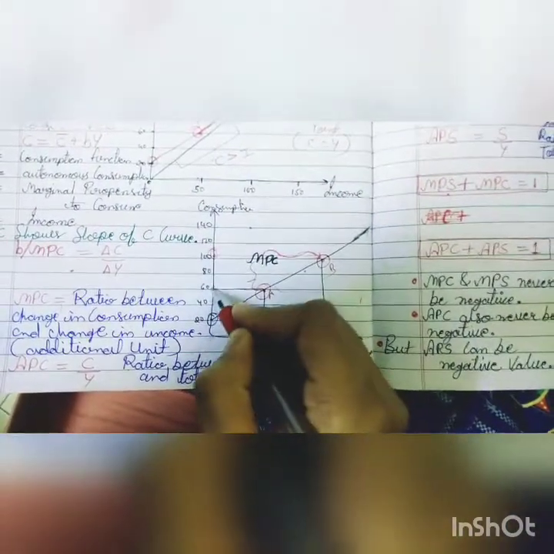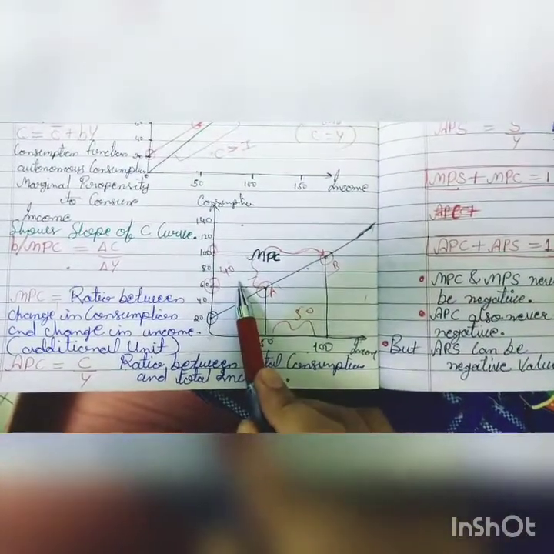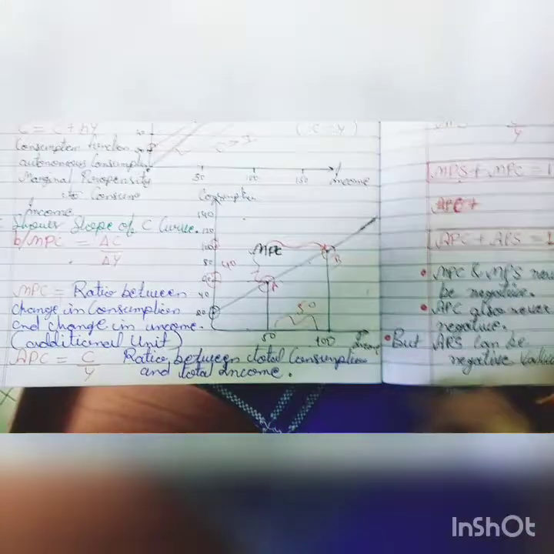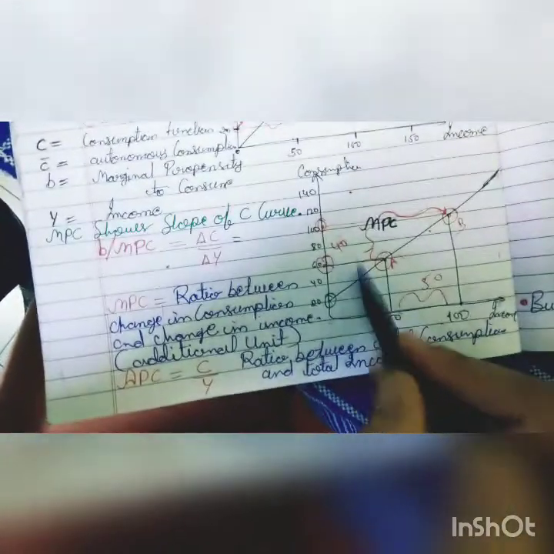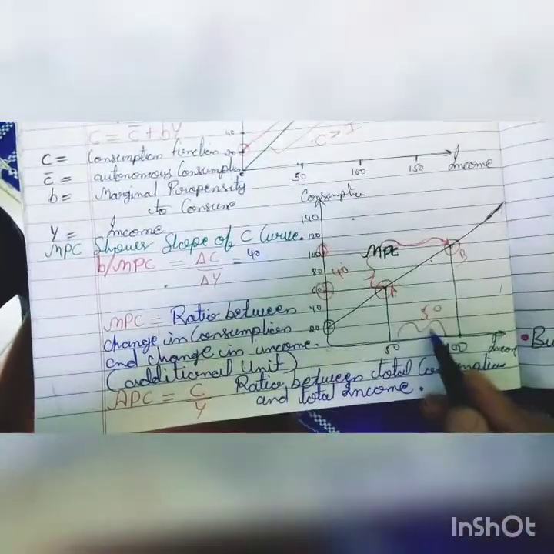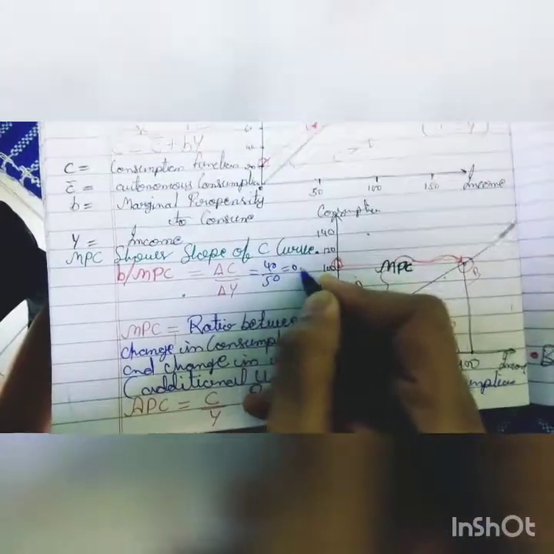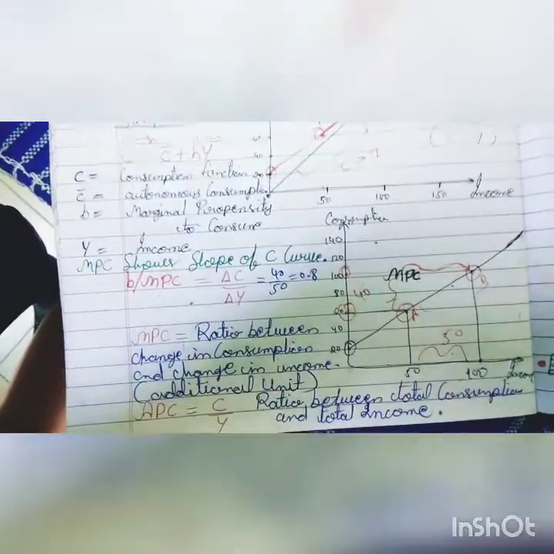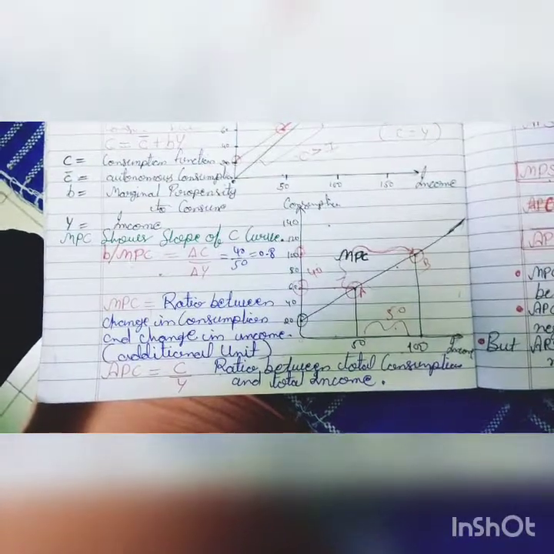So the change in C is 40 and the change in Y is 50. So 40 divided by 50, the answer is 0.8. So 0.8 is the value of MPC. Like this we calculate the value of MPC, marginal propensity to consume.